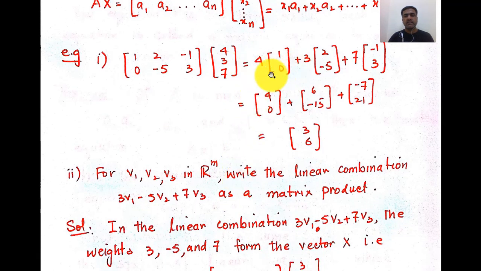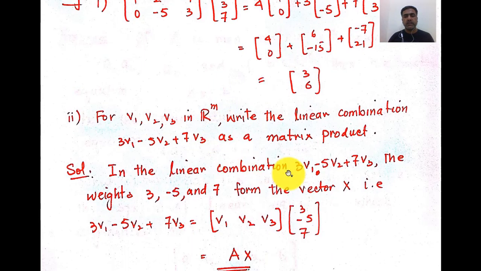And now in this linear combination, we note that the weights are 4, 3 and 7, which are exactly the entries of this vector x. So we have another example. For v1, v2, v3 in Rm, write the linear combination 3v1 minus 5v2 plus 7v3 as a matrix product.